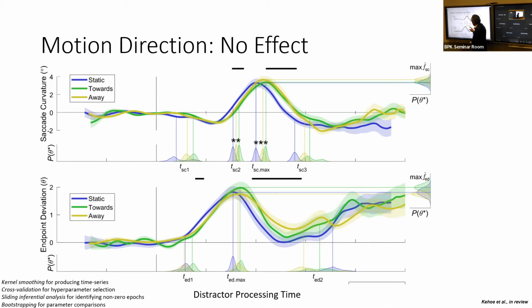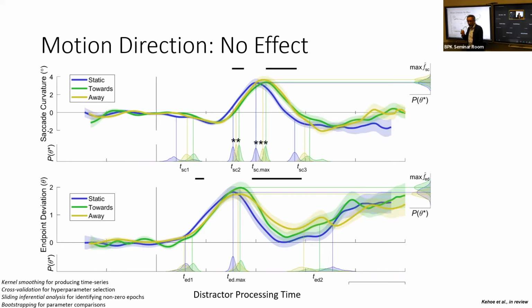But what we did find was a significant difference in the onset of curvature between static and either towards or away, and in the peak activity of static versus towards and away. So what we're saying is the motion direction did not matter for the saccade trajectories. But if the stimulus was moving, the effects on the trajectories were delayed.